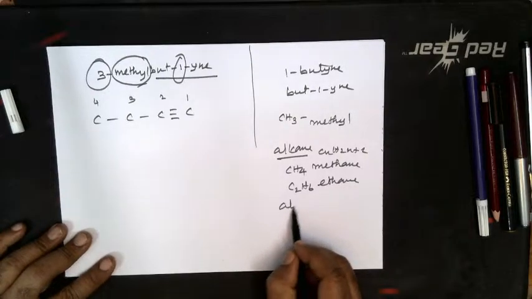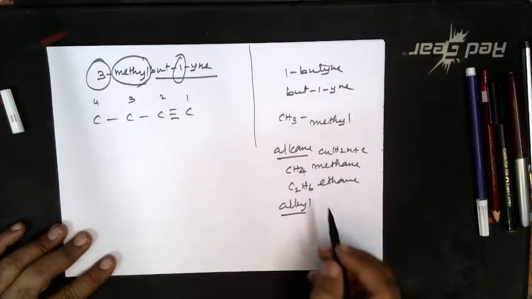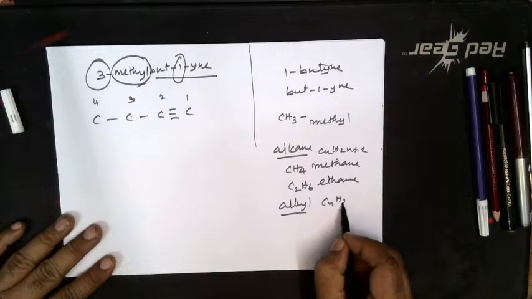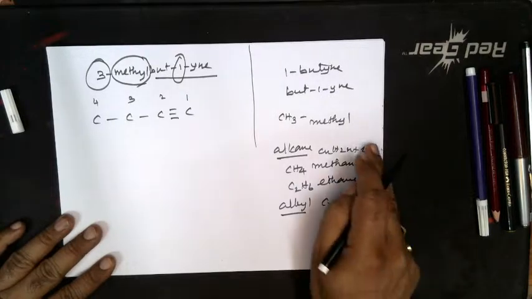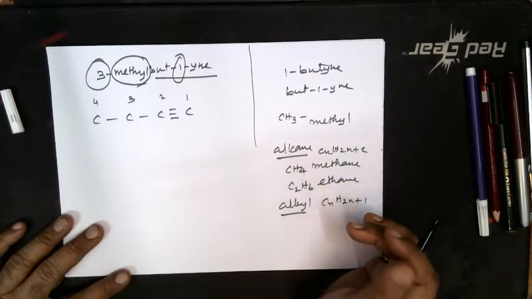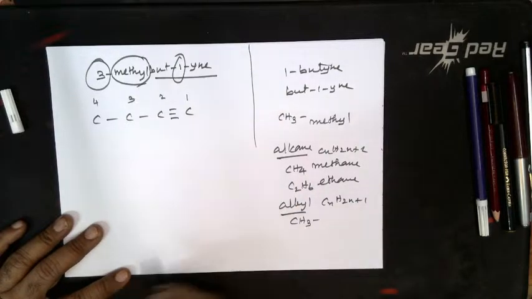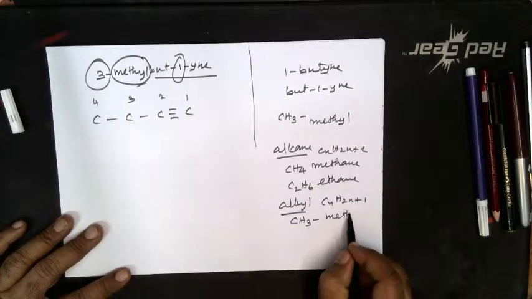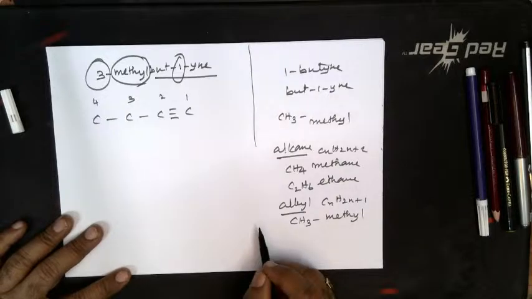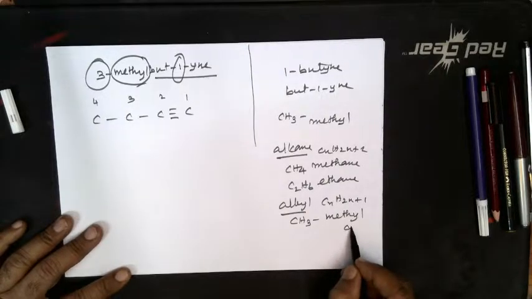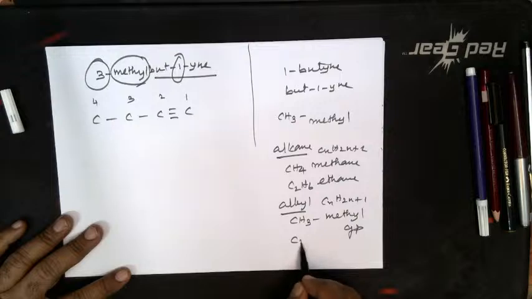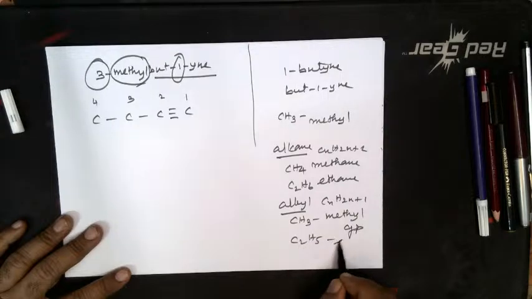And alkyl group means CnH2n+1, that is, one hydrogen is left. So it should be CH3 with a bond. This is called the methyl group. This is a group, not a compound. Do you understand this? Similarly, the ethyl group C2H5 is called the ethyl group.